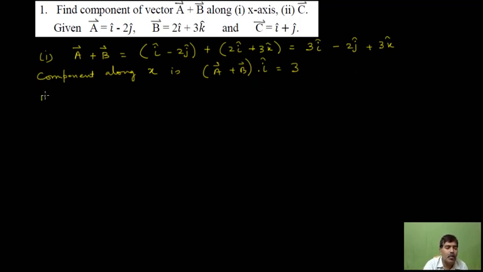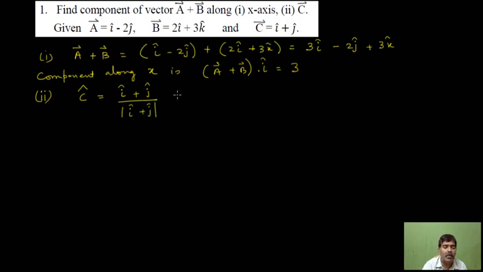Okay. Point number 2, along c. The c vector is given, that's fine, but the unit vector along c is not given. So you need to find c cap. That's i cap plus j cap divided by the magnitude of i cap plus j cap.